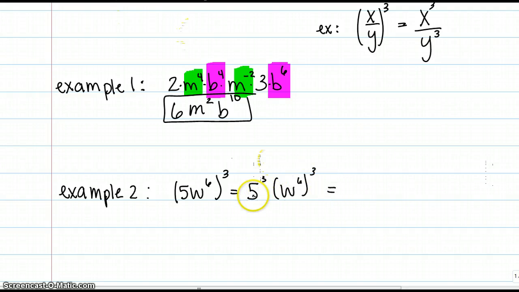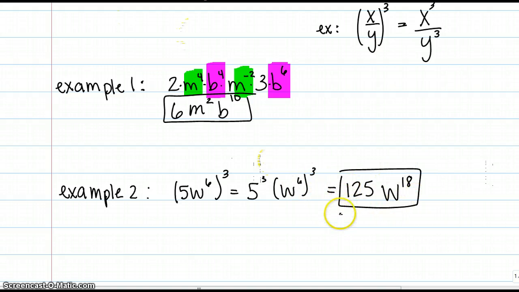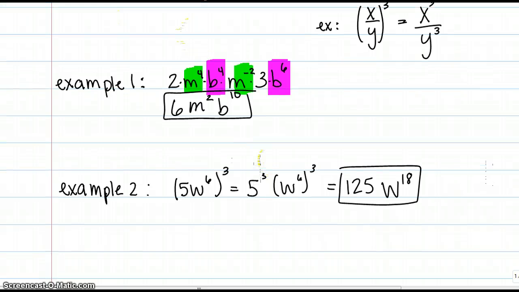Well, first, 5 to the 3rd power is 125, and if you need your calculator, feel free to use it. And then I have w to the 6th raised to the 3rd. And remember, when you take a power to another power, you can multiply your exponents. So 6 times 3 is 18. So sometimes you will be combining a couple different rules all into one problem.